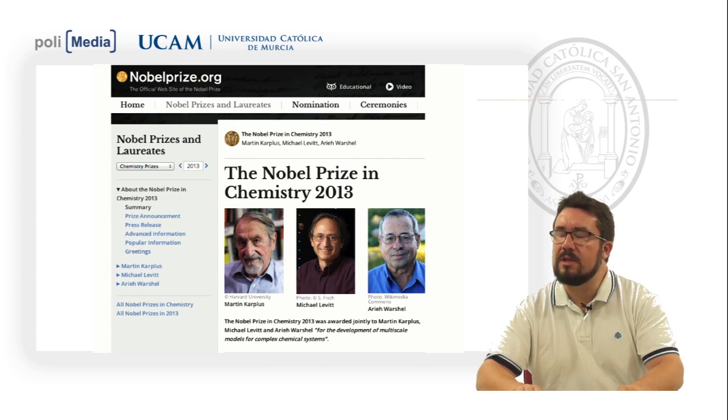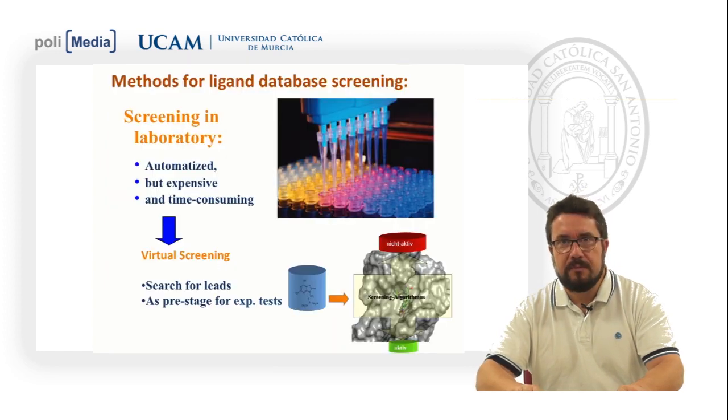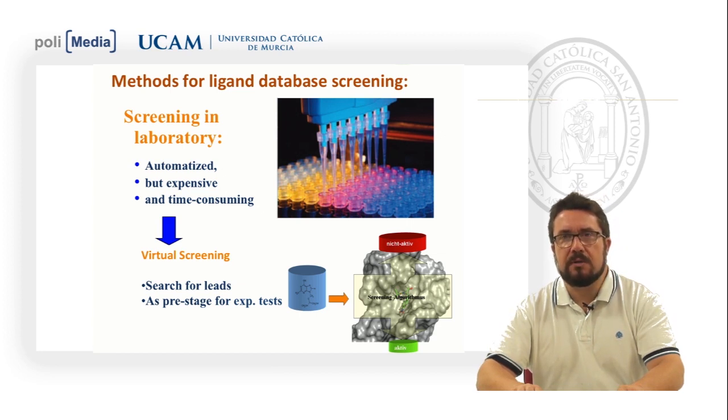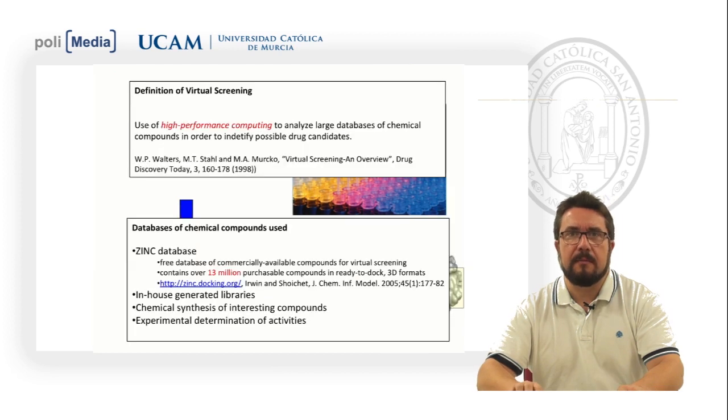So we start from all the results that they obtained. Basically, what we will do is simulate the high throughput screening methodology, but on the computer. We will process in the computer, sometimes called in silico methods, libraries of compounds in order to predict which compounds will be active or not active against a focused protein target.